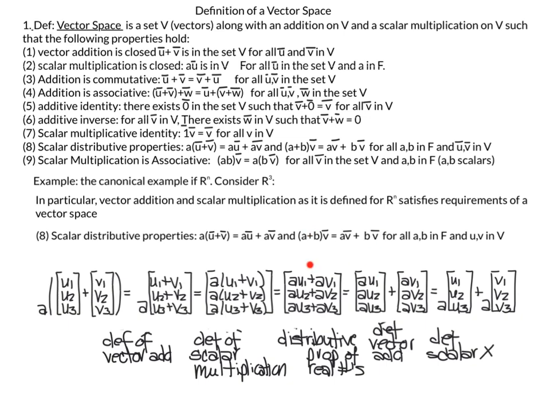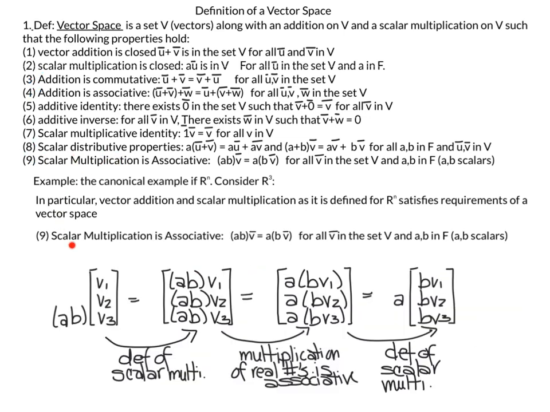But this proof is very similar to this one here, and you'll notice that all these algebraic properties, this addition is commutative, associative, again, the distributive properties, these all depend on using the vector addition and the definition of scalar multiplication, and then using the properties of real numbers, because these a's and u1s and v1s are all real numbers.